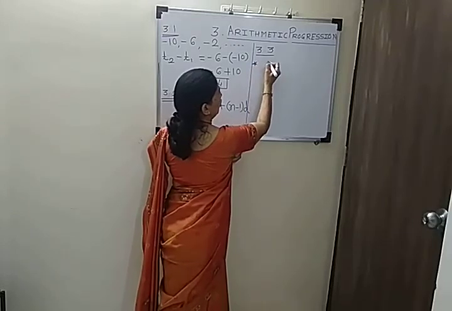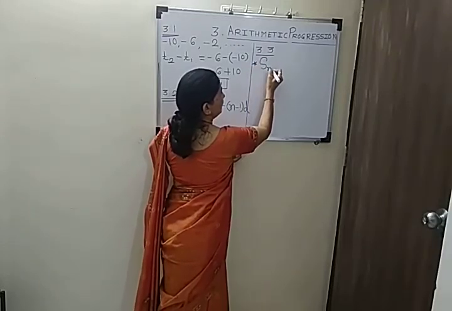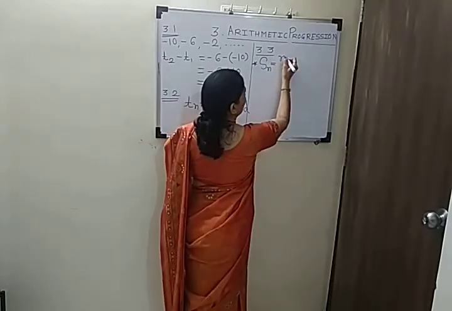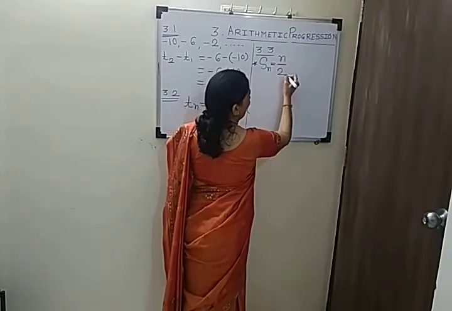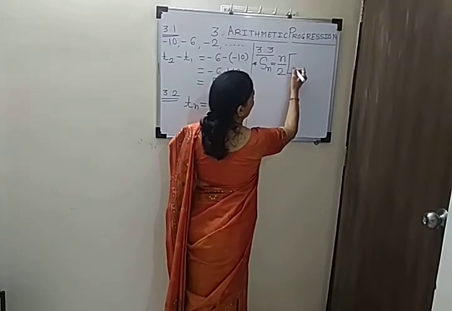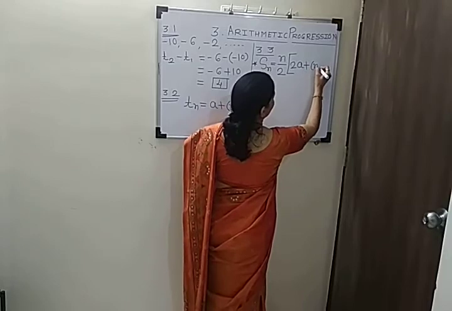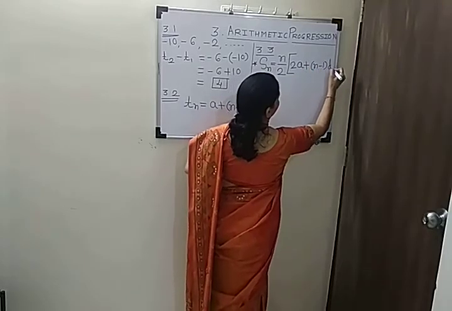First one was Sn is equal to n upon 2 in bracket 2a plus n minus 1 into d.